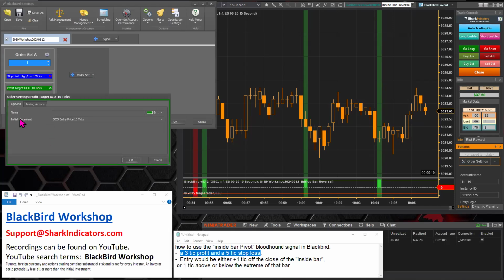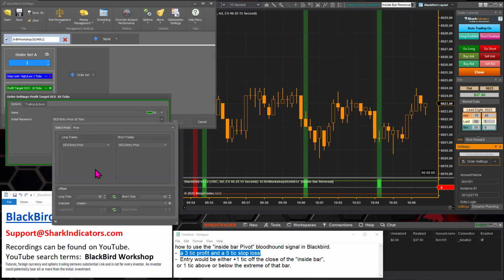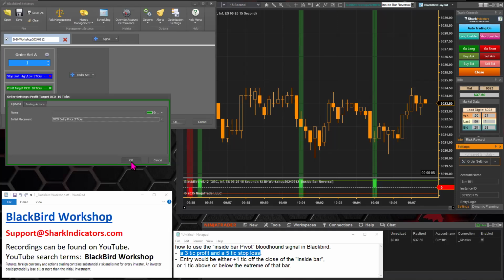So just go into the initial placement, and for these simple types of exit orders, you just go in and adjust the tick offset there, and that's all it takes.